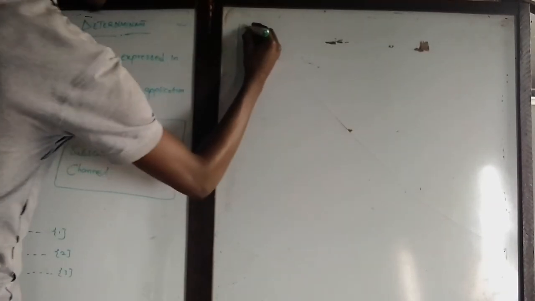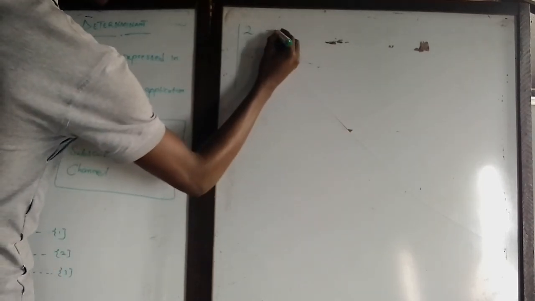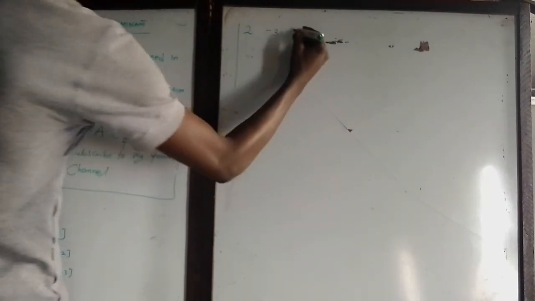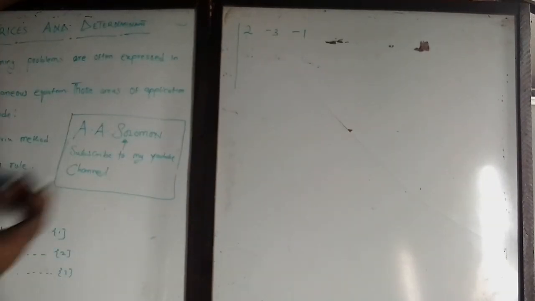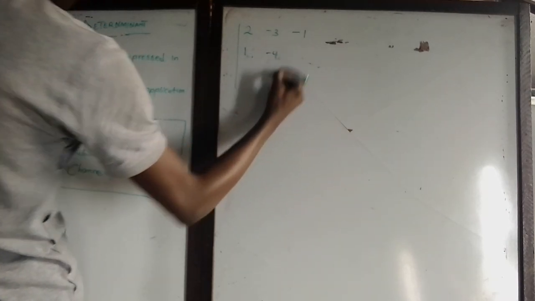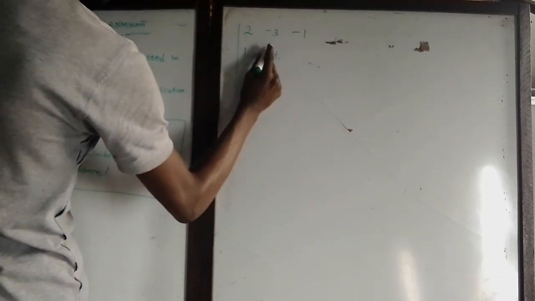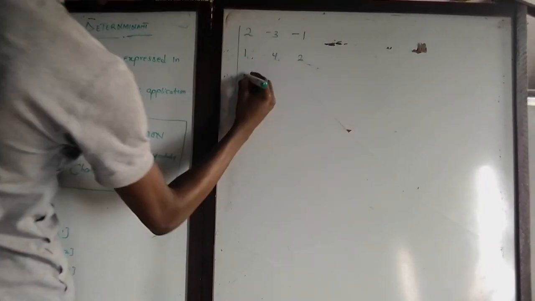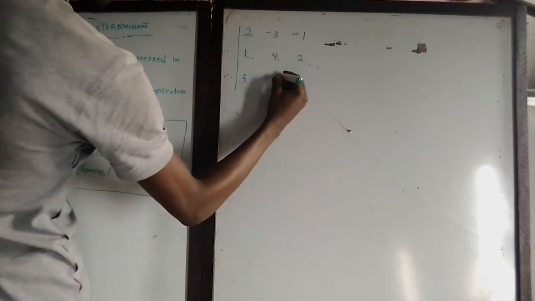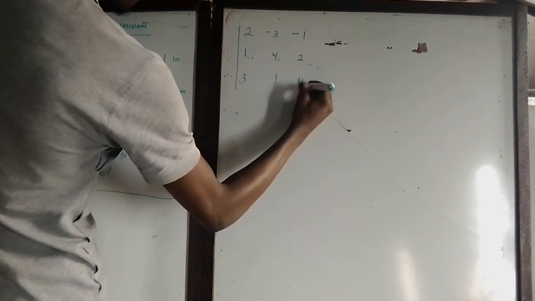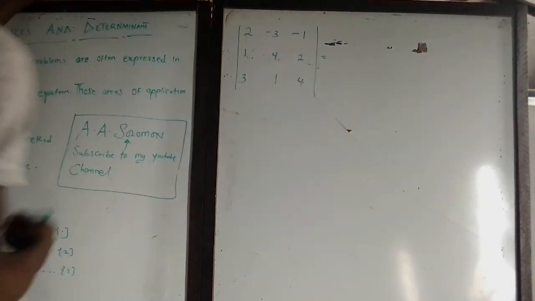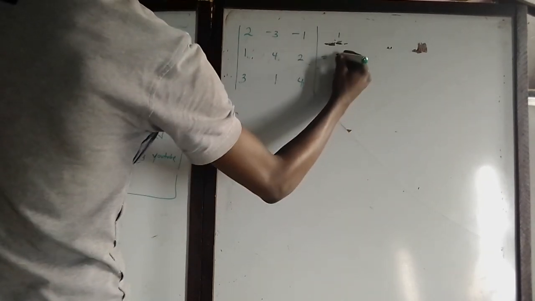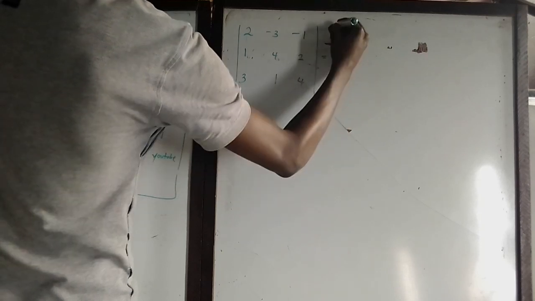You have 2, then minus 3, then minus 1, then 1, then 4, then 2, then 3, then 1, 4, equals to, then we have 1, 2, and 3.